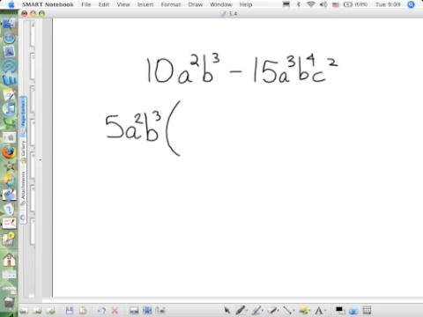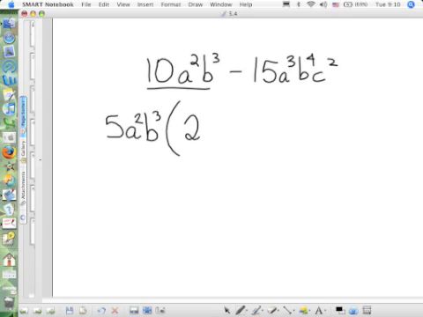And so, in order to figure out what's left in the problem, I'm going to divide both of those terms by 5, a squared, b cubed. Well, what do I have left when I divide this term by 5a squared b cubed? 2. That's all I have left.